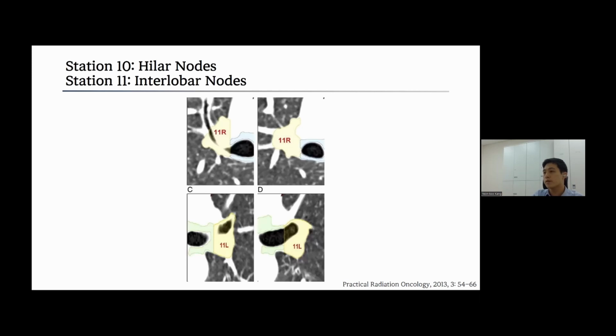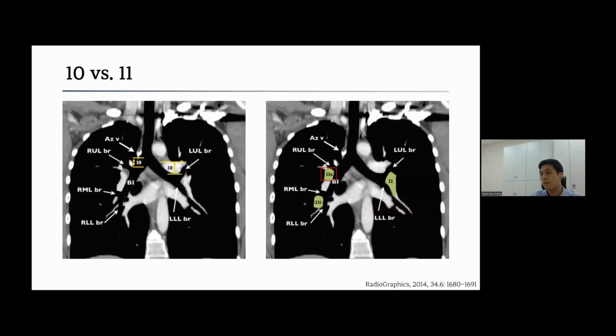Then station 10 and 11 belong to hilar lymph nodes in a broad sense. Station 10 includes lymph nodes around the main bronchus, and station 11 includes nodes around the lower lobe bronchus and bronchus intermedius. Differentiation between 10 and 11 is not critical for staging.